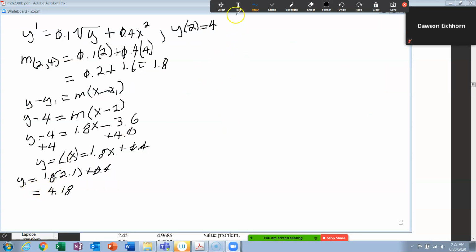Okay, first your x1, and I have actually written it down. x1 is equal to x0 plus 1, so that's going to be 2.1.